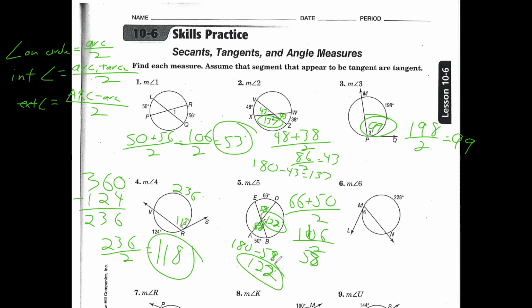Number 6, we got 228. That's again not the arc that's being intercepted, so you subtract that from 360 first. Subtract that from 360, we get 132. Divide that in half to get the angle measure, and you get 66.